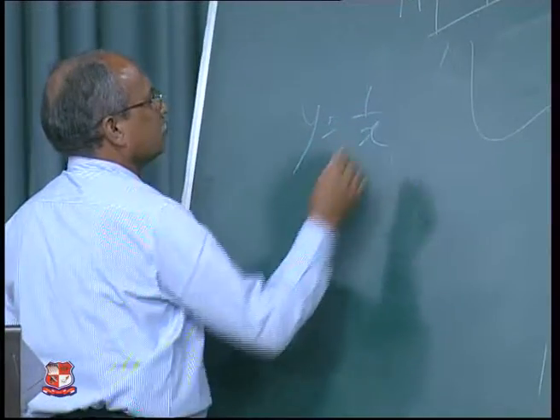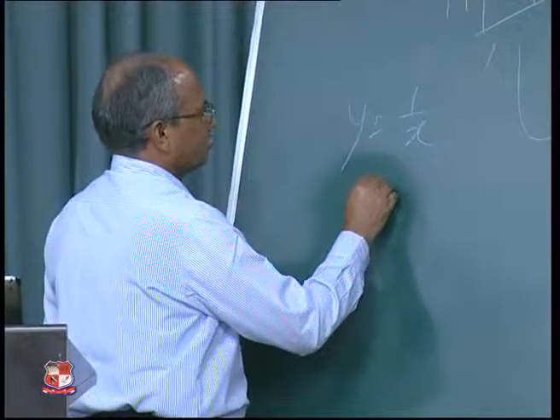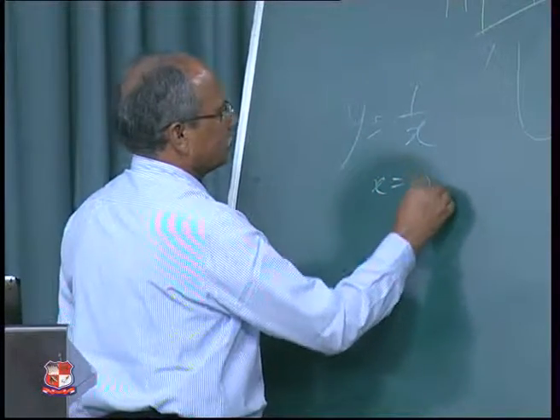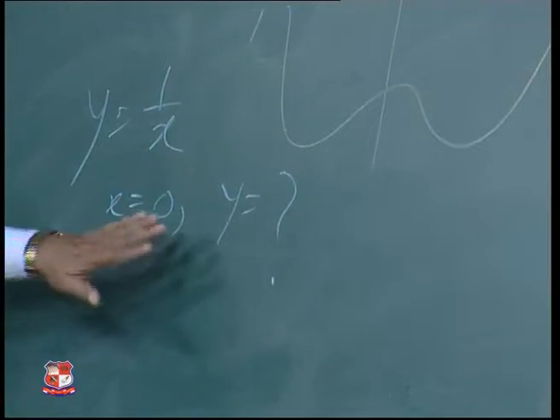Next, why is it required? At x equal to 0, what will be the y?